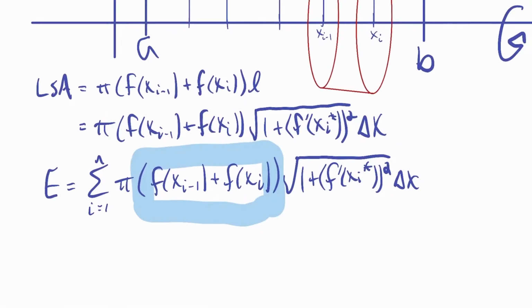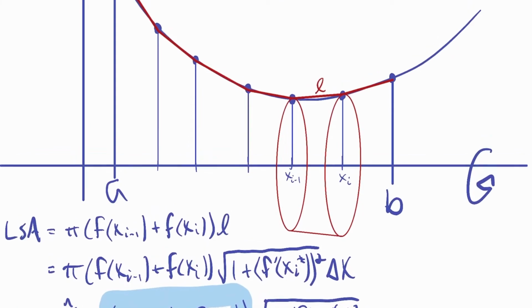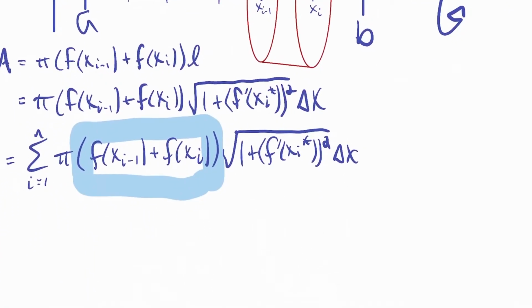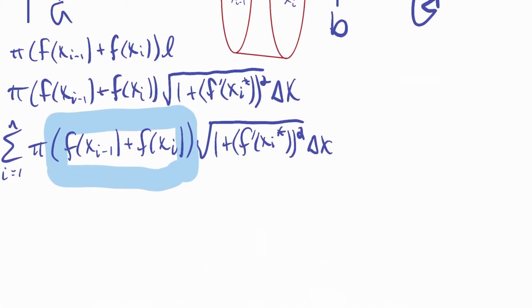Since we have a continuous function on our interval, by the intermediate value theorem, there has to be some x coordinate in the interval where the function value is equal to the average of the two values at the endpoints of the subinterval.